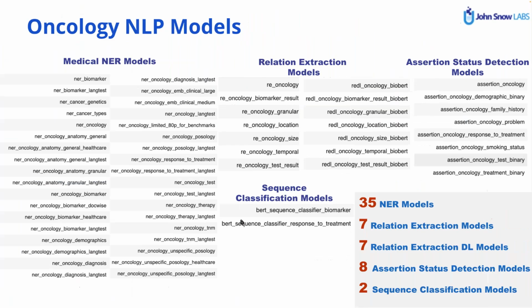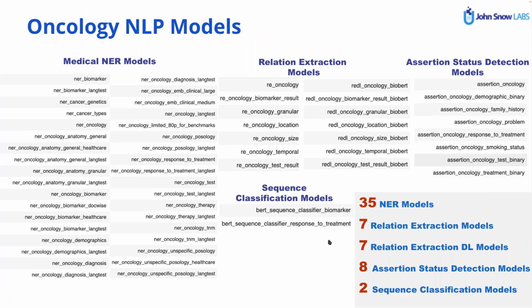So these are the models that we have just for oncology. We have 35 NER models, 7 relation extraction models and 7 relation extraction DL models, 8 different assertion status detection models, and 2 different sequence classification models for biomarker and response to treatment.